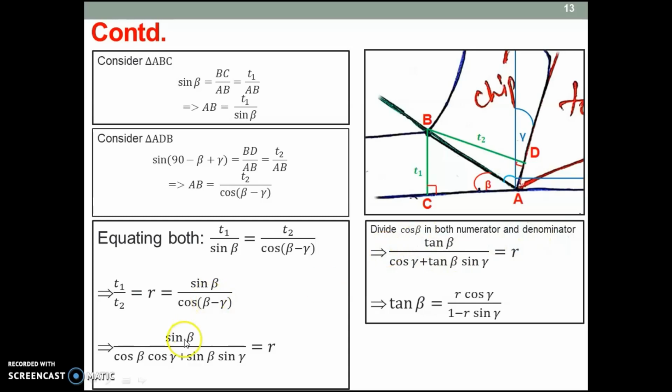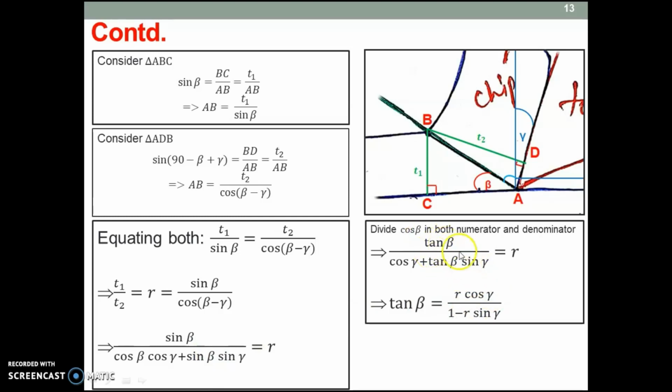Sin beta by cos beta, and cos beta cos gamma divided by cos beta, so cos beta will cancel and you get cos gamma here, plus sin beta by cos beta, which becomes tan beta, into sin gamma.